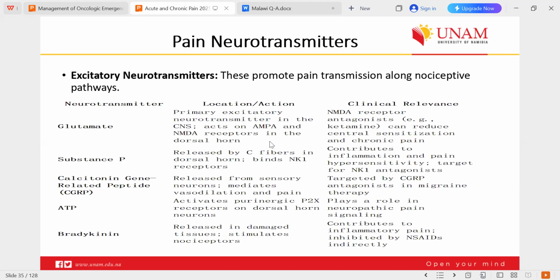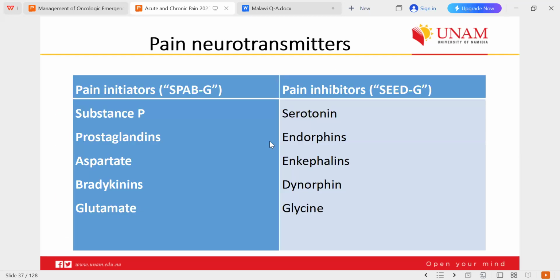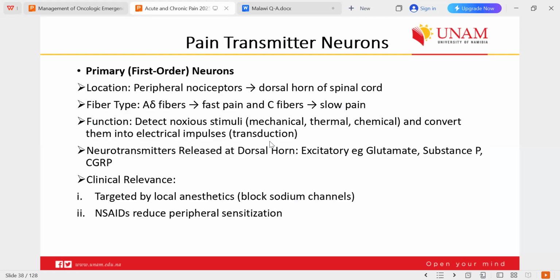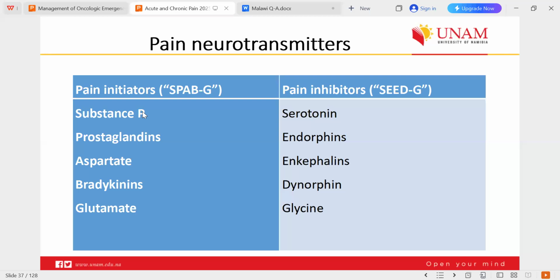This is a table that shows you the different types of pain neurotransmitters. You do well if you go through them. And this is another table to highlight all I've been talking about. Note that substance P, prostaglandin, aspartate, bradykinin, and glutamate are pain excitatory neurotransmitters.